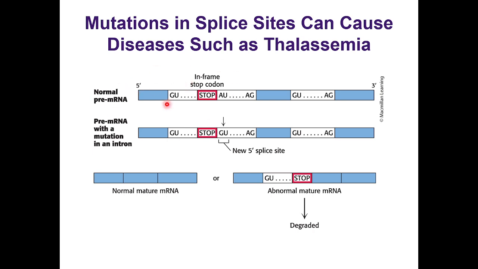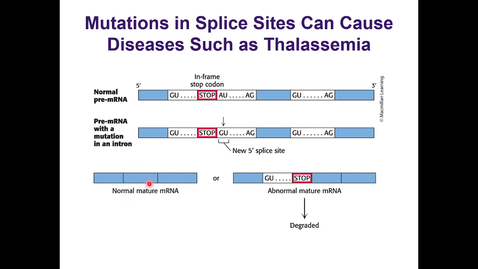Anyways. So mutations in the splice sites, these can be caused by diseases such as thalassemia, of course. Here we have a normal pre-mRNA. This would be the in-frame stop codon right here. And so what we see is that the pre-mRNA with the mutation in the intron, instead of the AU here, like we should have, we have GU instead. And so this actually gives us a different new 5' splice site.